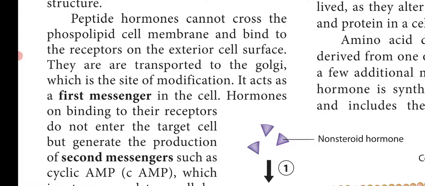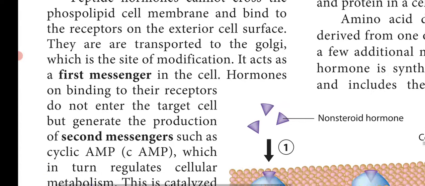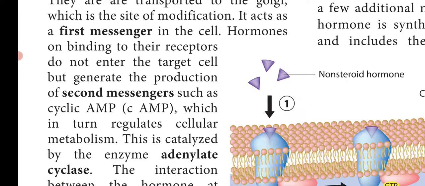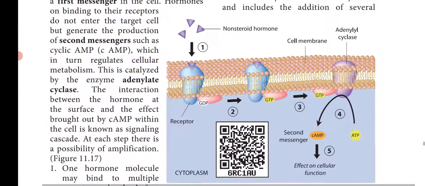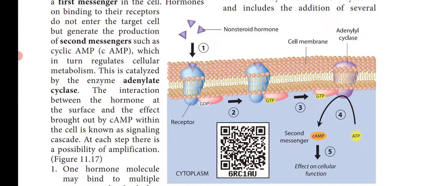They are transported to the Golgi, which is the site of modification. It acts as the first messenger in the cell. The hormones on binding to the receptors do not enter the target cell, but they generate the production of second messengers such as cyclic AMP, that is cAMP, which in turn regulates the cellular metabolism.